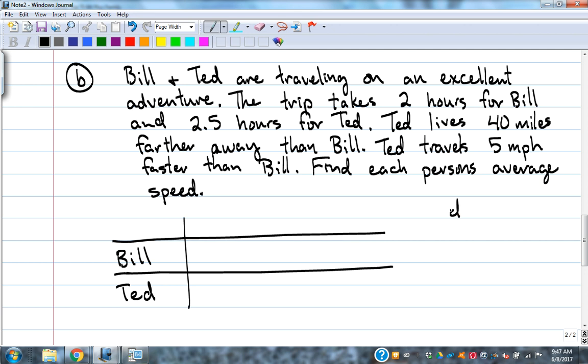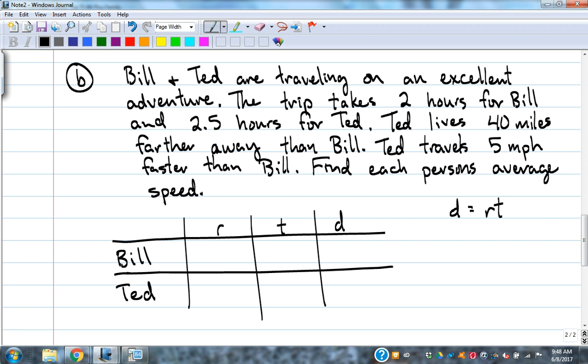And I know I'm dealing with distance, rate, and time. D equals RT. I know that because it talked about a distance, how fast somebody was traveling, and the time, 2 hours and 2.5 hours. So I'm going to have a column for the rate, a column for the time, and a column for the distance for each one of these guys.